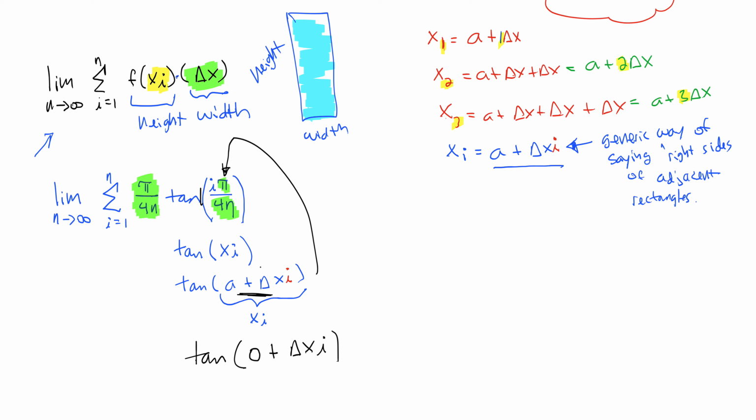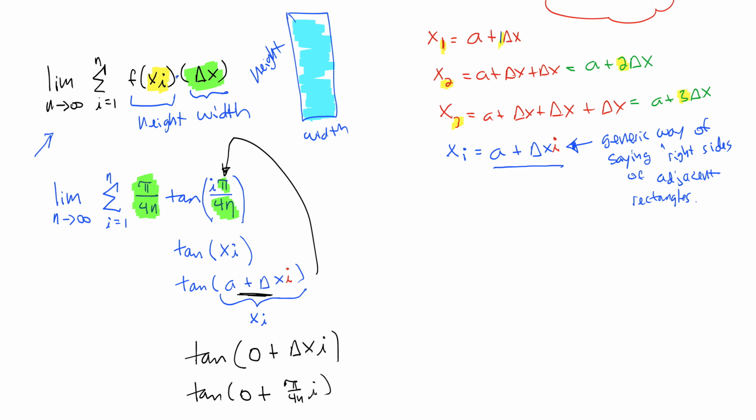It's really just a delta x. It's really just this part that's in there. So that means we have tangent of 0 plus our delta x, which is our pi over 4n. There's your delta x. There's your i.